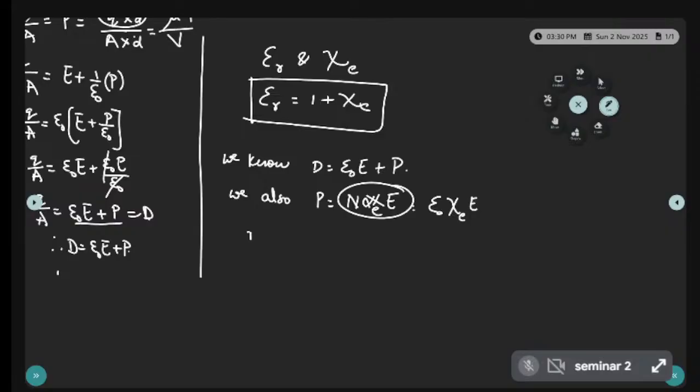Substitute here, D is equal to what? Epsilon naught E plus epsilon naught psi of E into E.